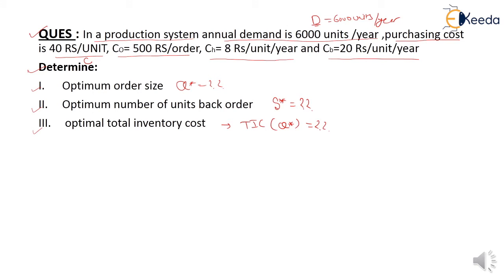Okay students, so let's solve it. First of all, write down the given data. The annual consumption of the item, capital D, is 6000 units per year. Purchasing cost C is 40 rupees per unit.